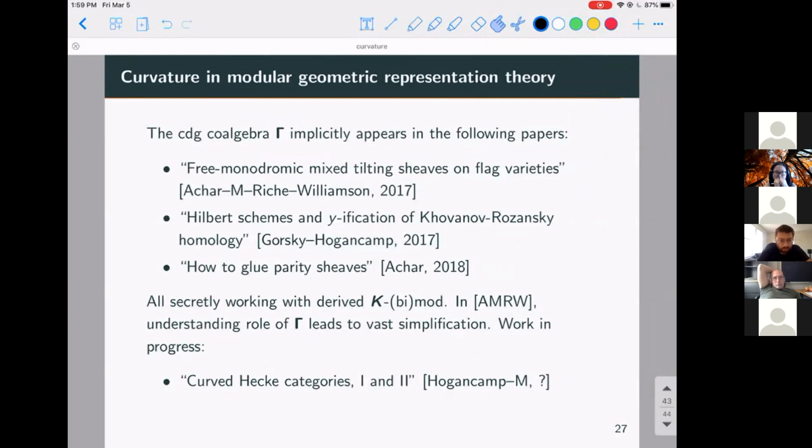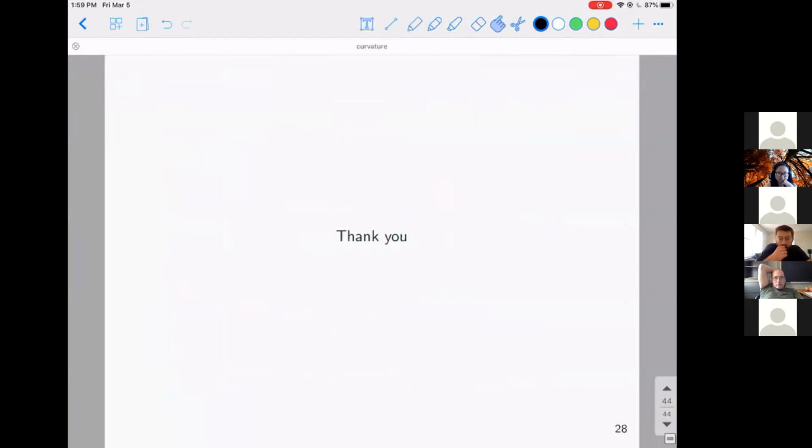So I'm trying to write some of this up. Well, maybe not any shorter, but much cleaner, but still long papers with Matt. I'll end there.